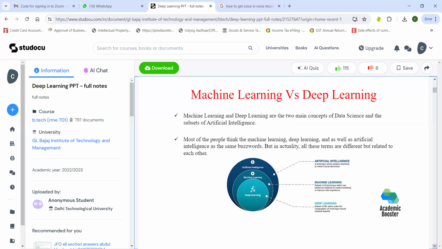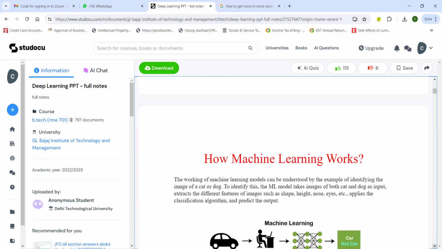As we are seeing in the slide, artificial intelligence is the wider concept. Under artificial intelligence, we have machine learning and deep learning. So we can say machine learning is a part of artificial intelligence.